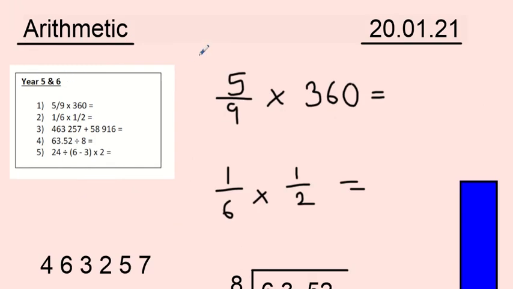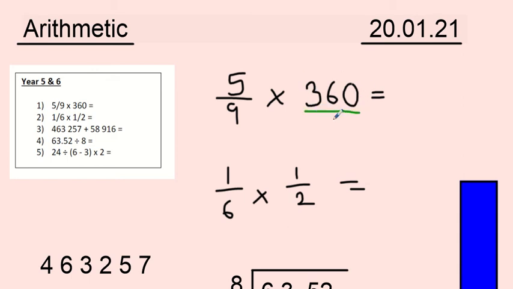We're going to start with question 1, which is 5/9 multiplied by 360. Okay, now remember that when we're thinking about multiplying by a whole number, this is the whole.